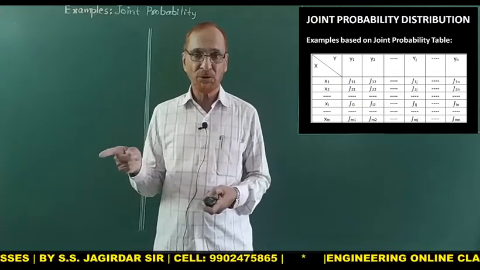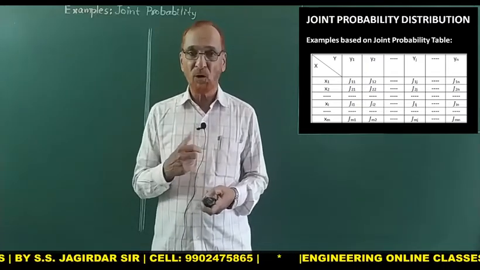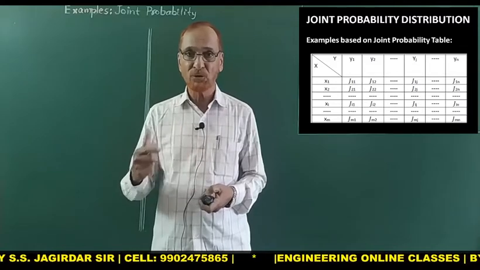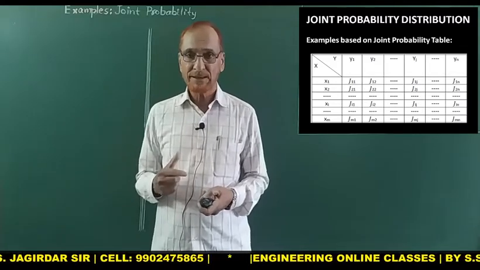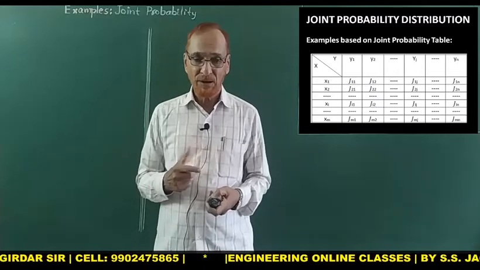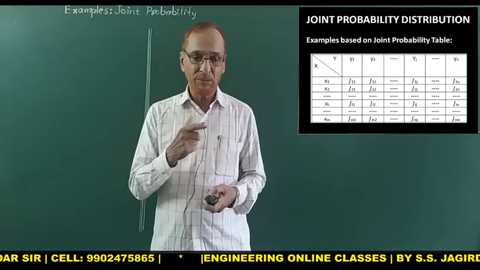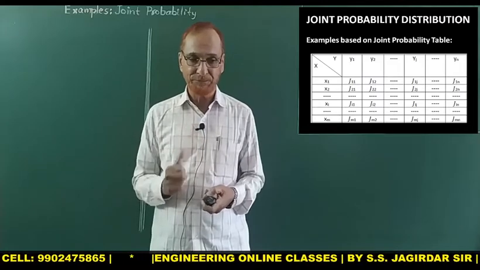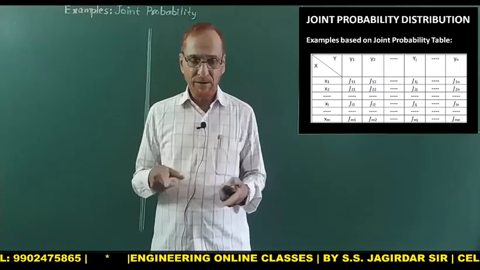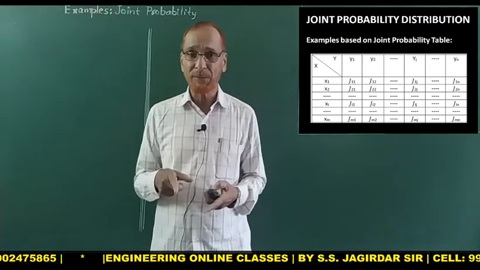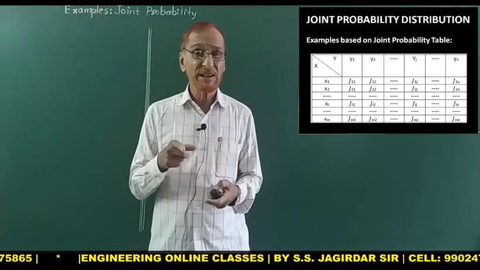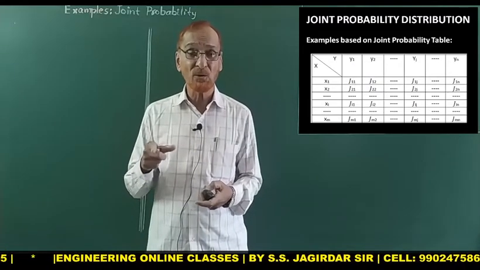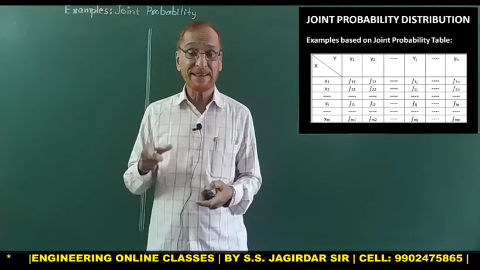The topmost row has the values of random variable y, and in the extreme left column you can find random variable x, whose values are x1, x2, x3 and so on. In between, all the boxes are filled with the notation j11, j12, jij and jmn.